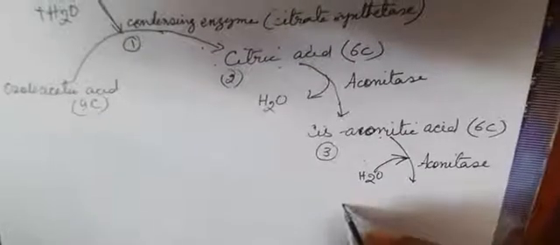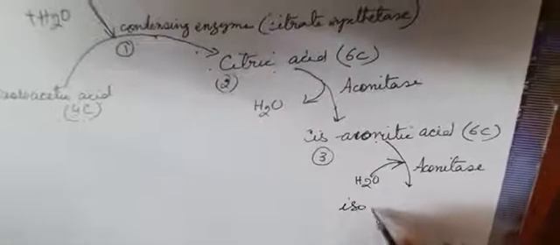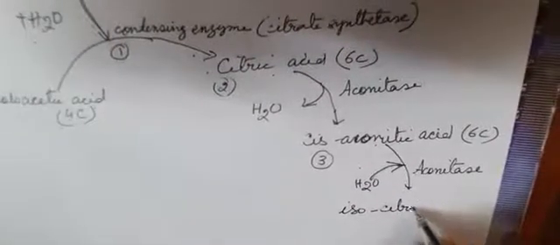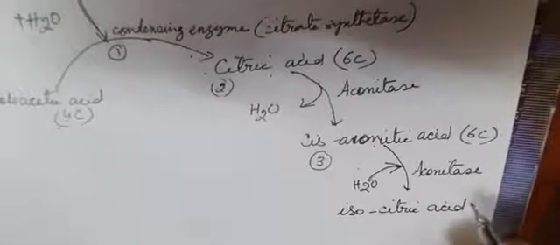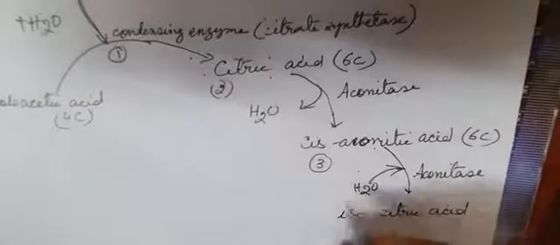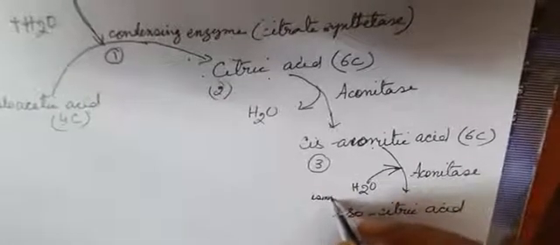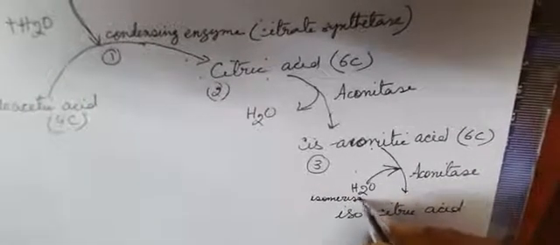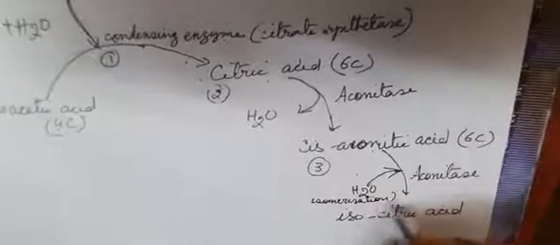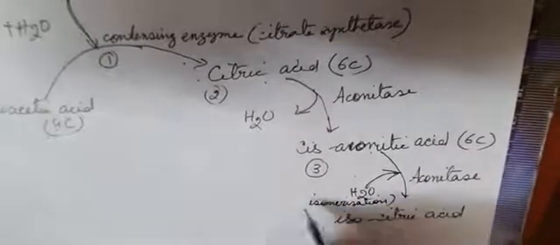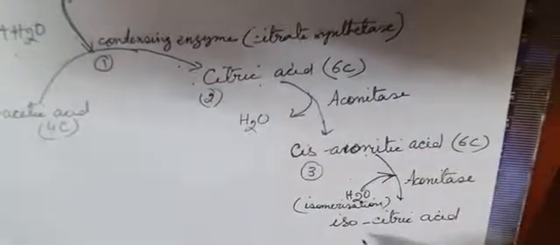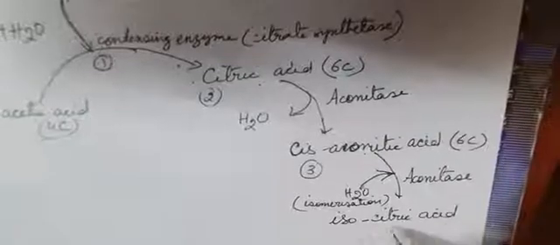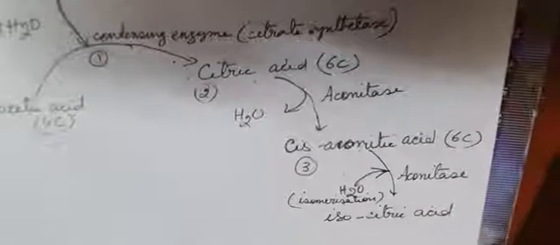It will become the isomer isocitric acid, and this reaction is the isomerization reaction. So cis aconitic acid will get converted into its isomer, that is isocitric acid.